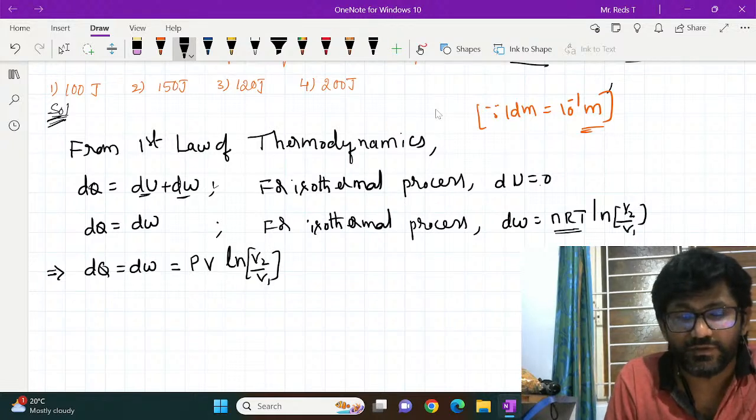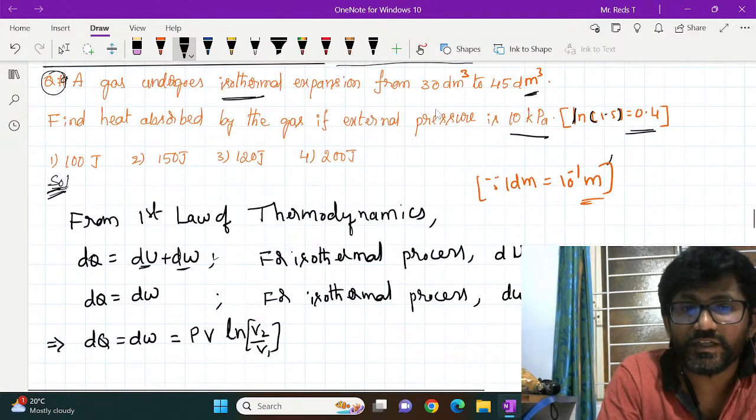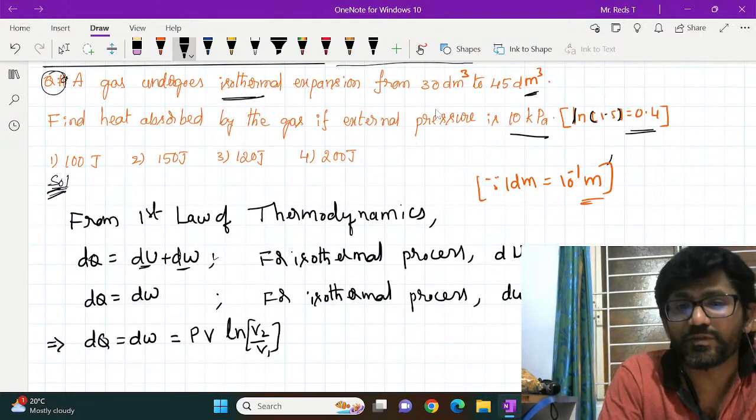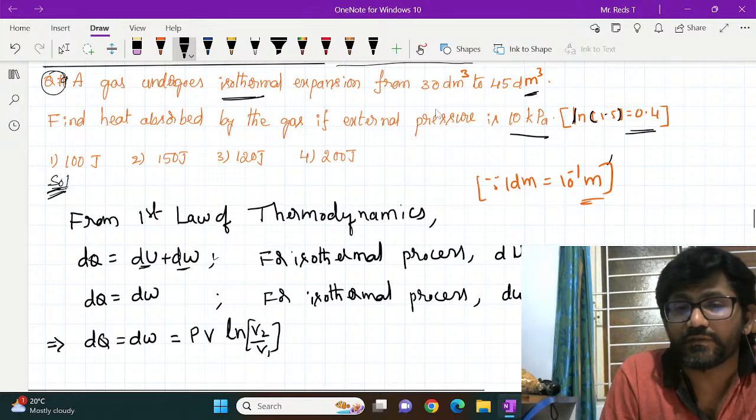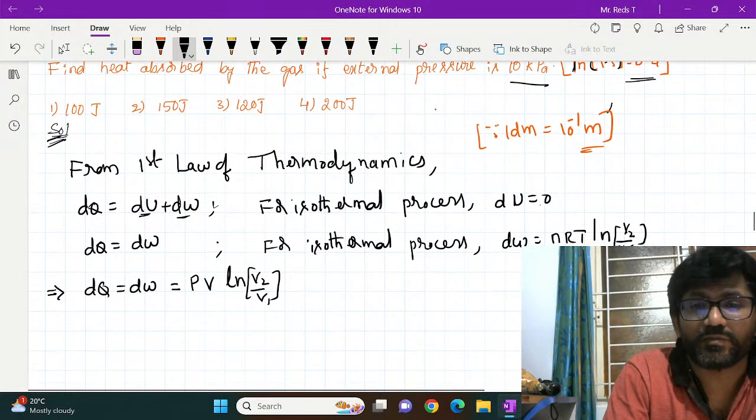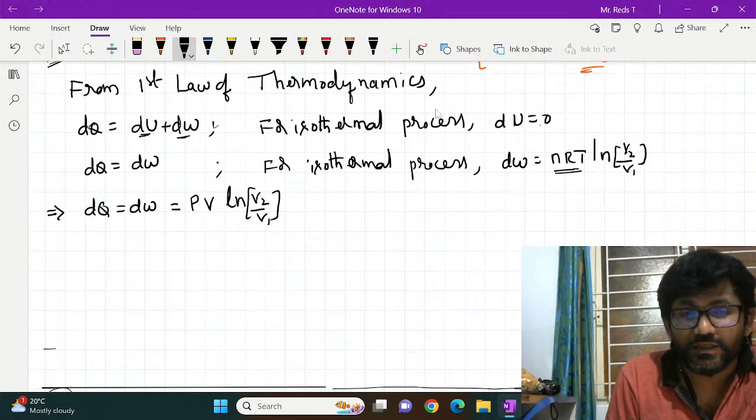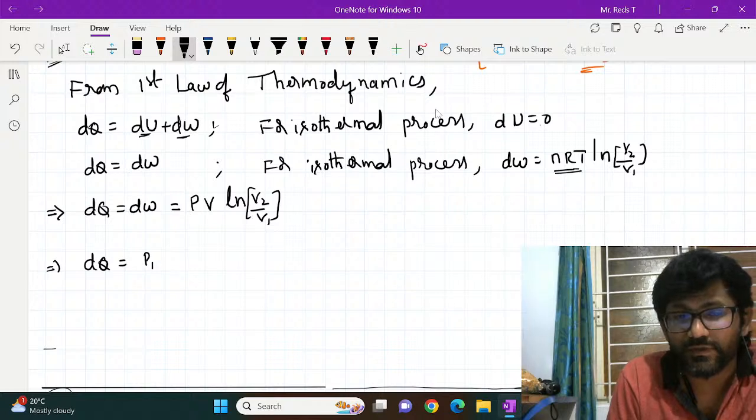Substitute the values. What is the question? What is the heat absorbed by the gas? So we have dq is equal to P1 V1 ln of V2 by V1.